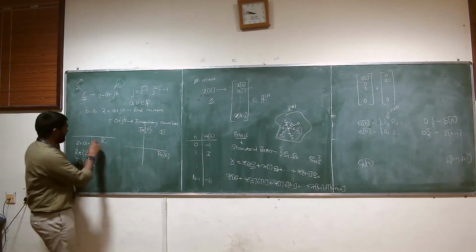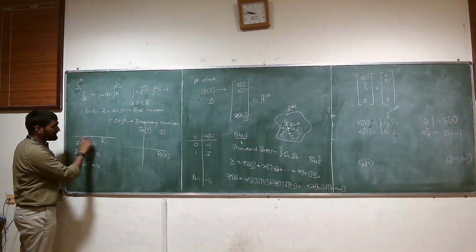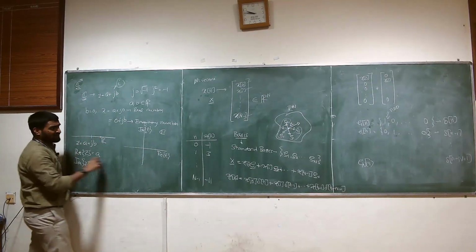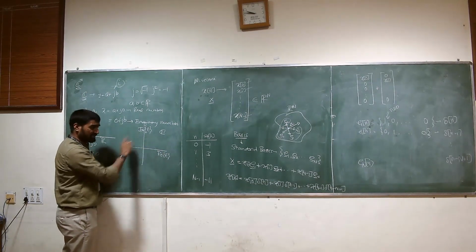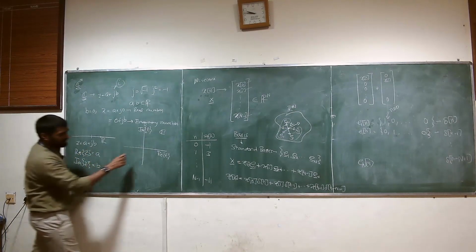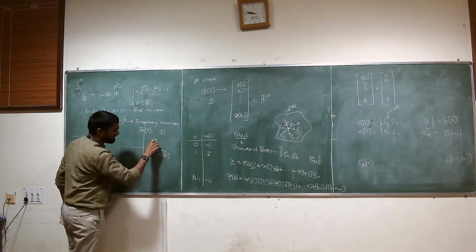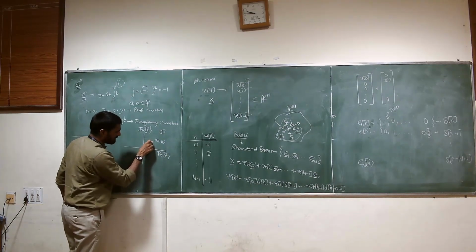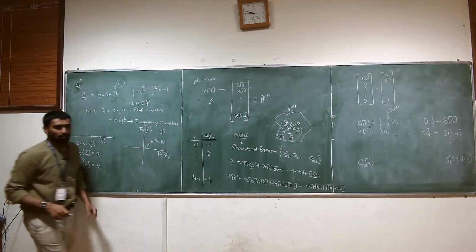Real numbers are represented as points on the real line. Complex numbers similarly are represented as points on the complex plane. A complex number a plus jb is simply a point with coordinates a and b, and it's also customary to represent it by an arrow.